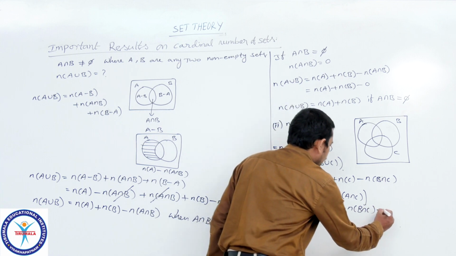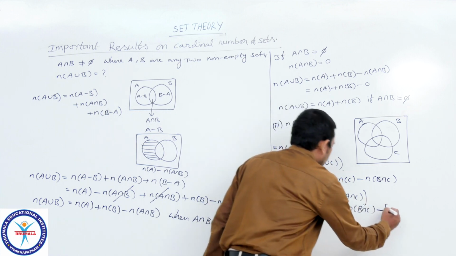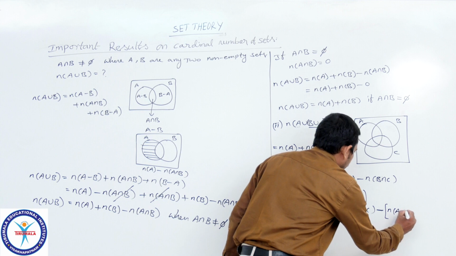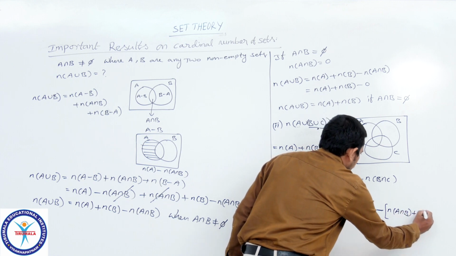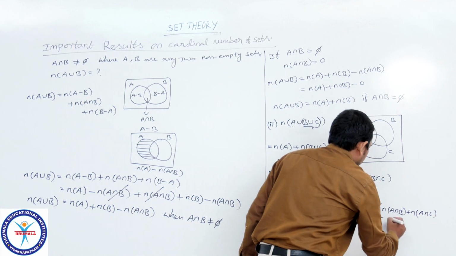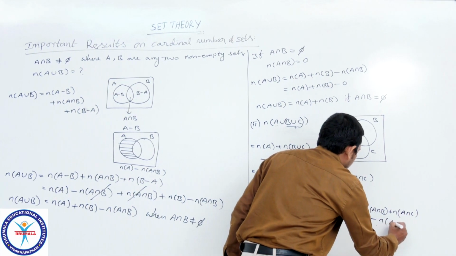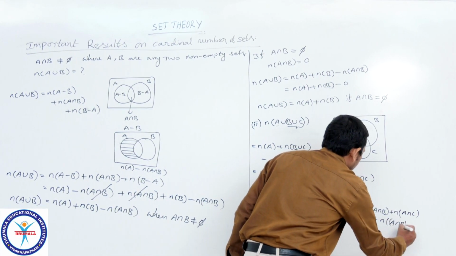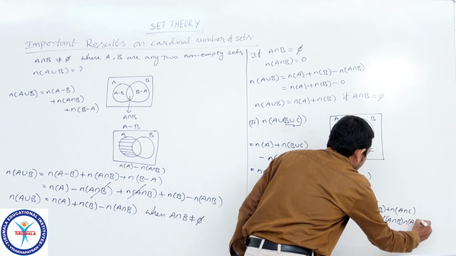So this is equal to minus of n of A intersection B plus n of A intersection C minus n of A intersection B intersection A intersection C.